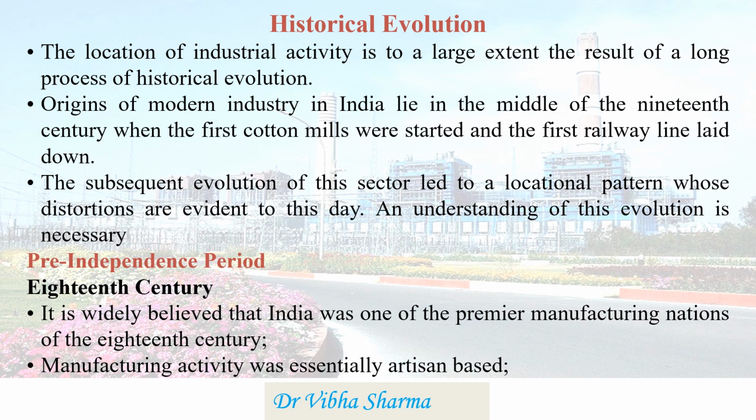The origin of modern industry in India lies in the middle of the 19th century when the first cotton mills were started and the first railway line laid down. The subsequent evolution of the sector led to a locational pattern whose distortions are evident to this day. An understanding of this evolution is necessary.